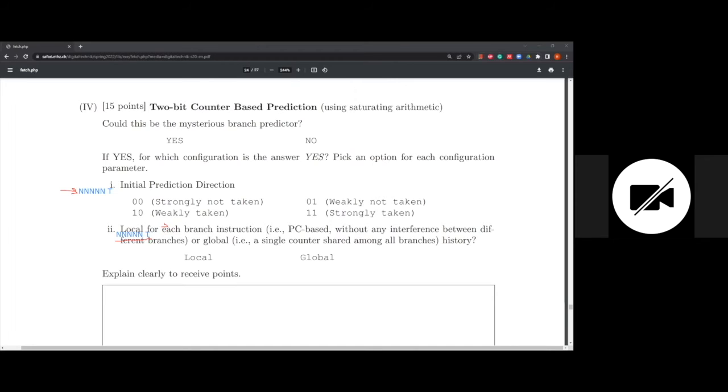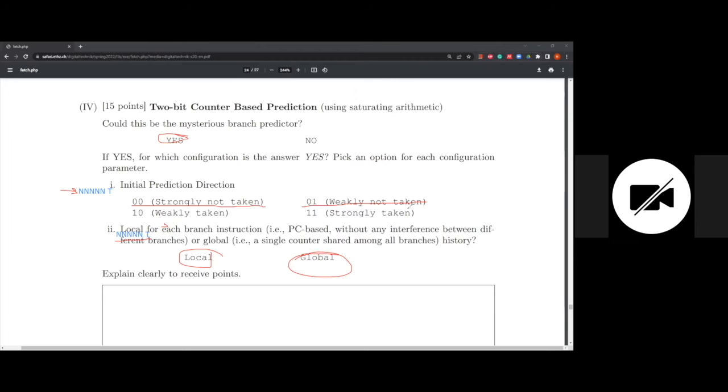Here are some configurations that result in 6 mispredictions. Based on the solution that we provided for this question, local or global doesn't matter, and these 2 cases where we start from strongly not taken or weakly not taken all result in exactly 6 mispredictions.